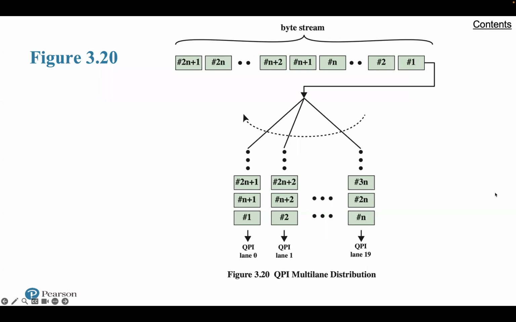Another function performed by the physical layer is that it manages the transmission between 80-bit flits and 20-bit phits using a technique known as multilane distribution. You cycle between the lanes one at a time, and then go from one to another in each of these lanes. That's what we're trying to show in that figure.